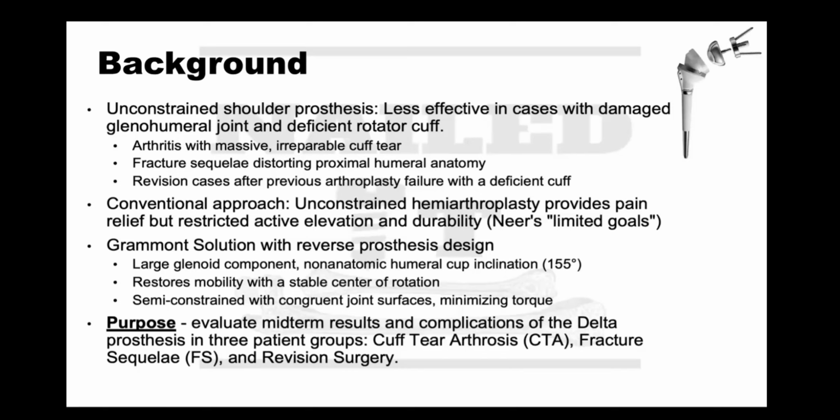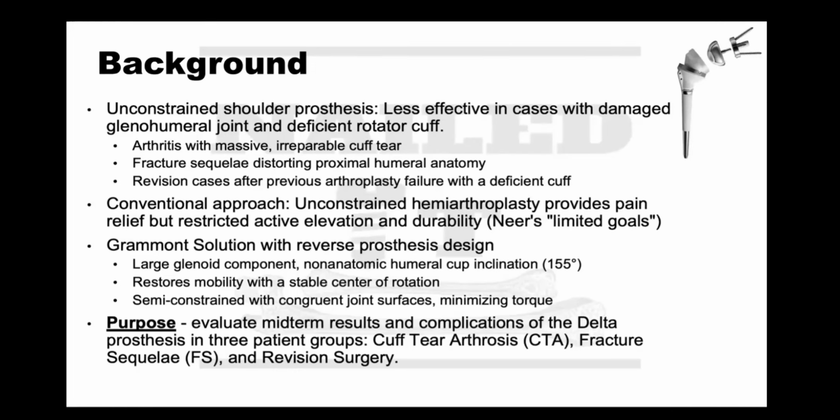The authors note 3 specific indications that typically have these failures: arthritis with massive cuff tears, fractures that really distort the proximal humerus anatomy, and revision cases where patients also typically have a deficient cuff and a prior arthroplasty failure.